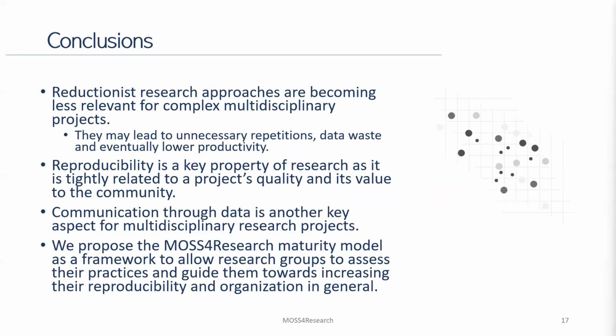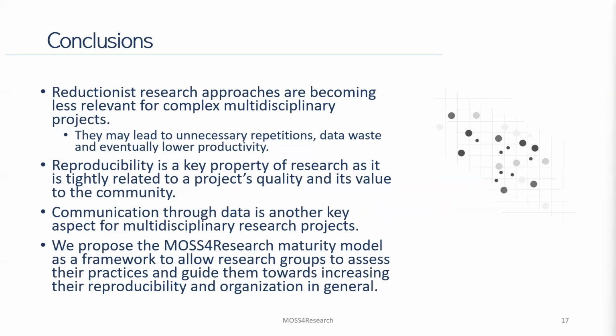Reproducibility is a key property of research as it is strongly related to the project's quality and its value to the community from the implementation science perspective. And communication through data is another key aspect of multidisciplinary research projects.